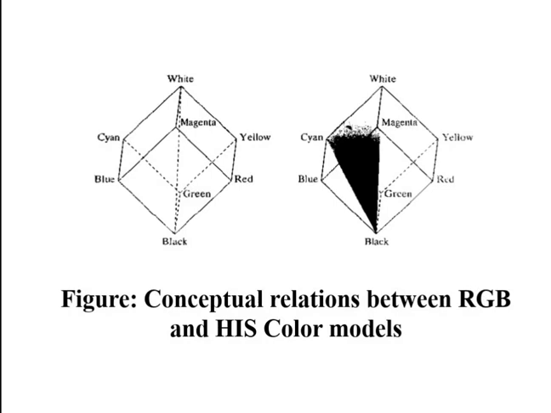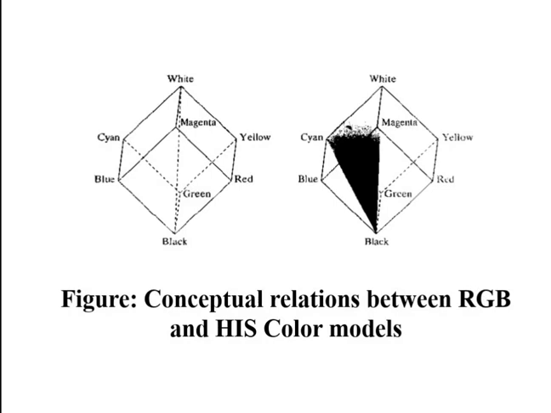The intersection of the plane with the intensity axis would give us a point with the intensity value in the range 0 to 1. We also note, with a little thought, that the saturation, that is the purity of a color, increases as a function of distance from the intensity axis.